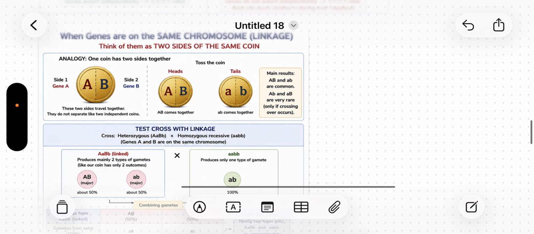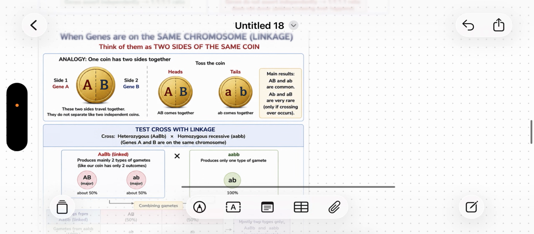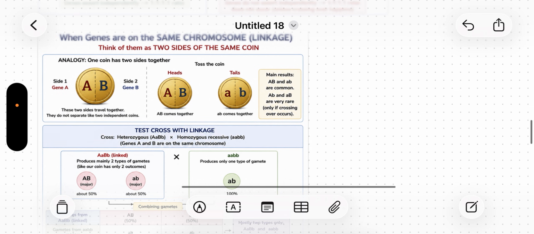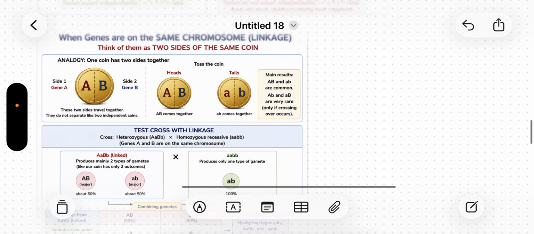Suppose we have genes on the same chromosome, for example the genes for two characters. The genes that code these two characters are present on the same chromosome, like the coin that we can see here. On one side we have capital A and capital B. On the opposite side, we have small a and small b. Just imagine that we have a coin like that.